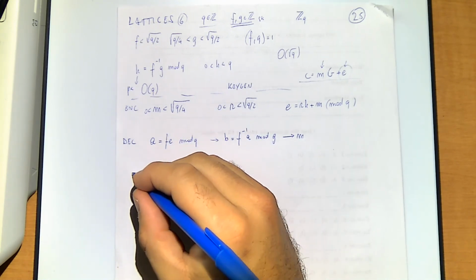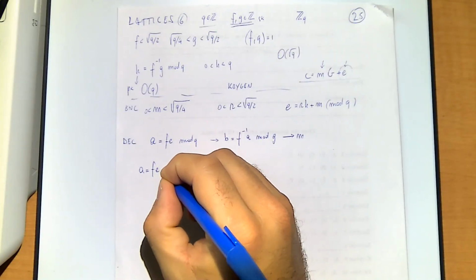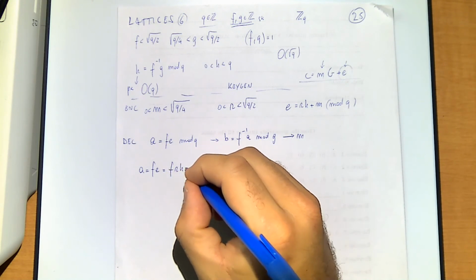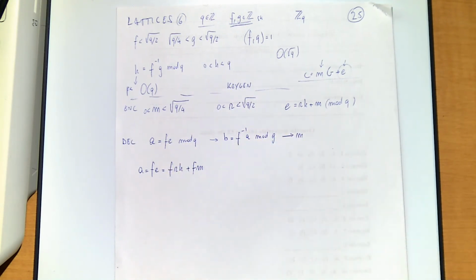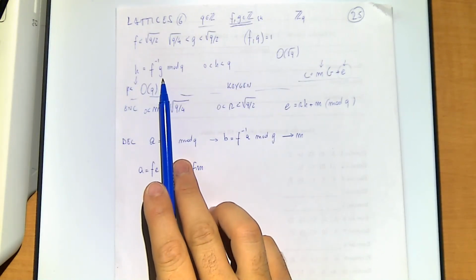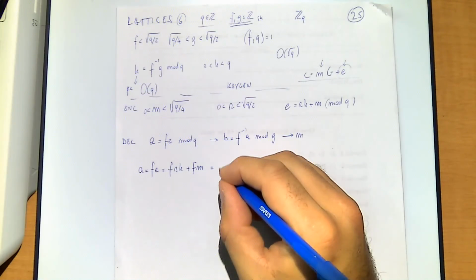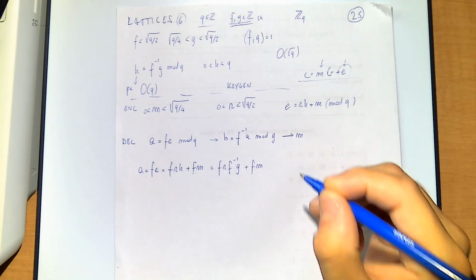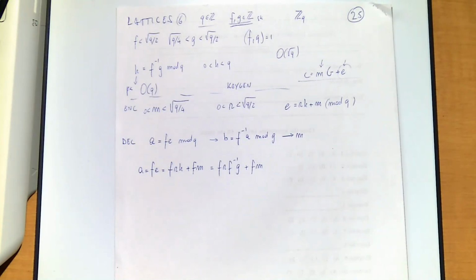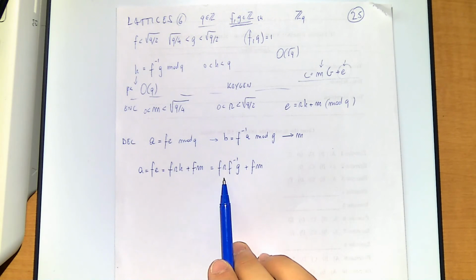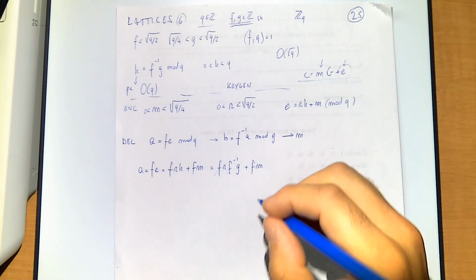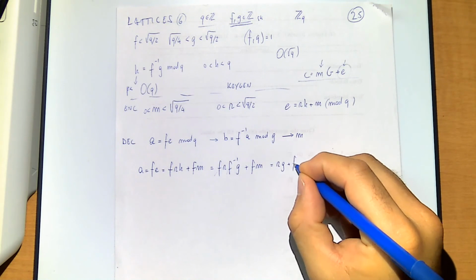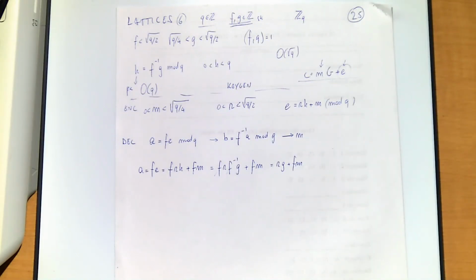Let's verify that. If you take A, this is F e, which is F R H plus F M. But what is H? It is F inverse G. So this is F F inverse R G plus F M. Now, obviously these are integers, so they commute, so I can just cancel this out, and I just get R G plus F M. It's just simple algebra.